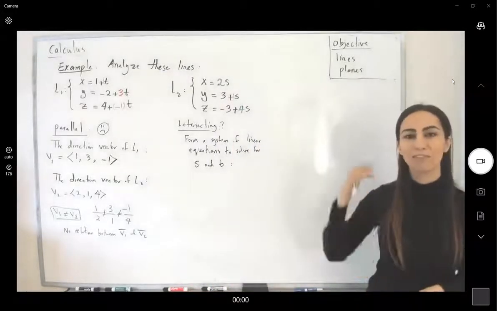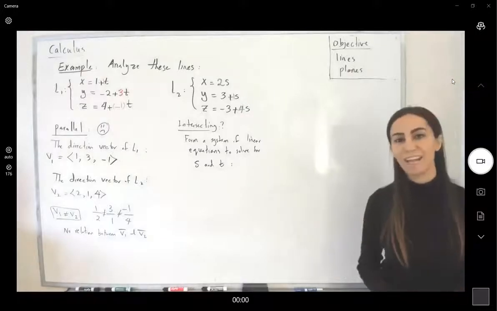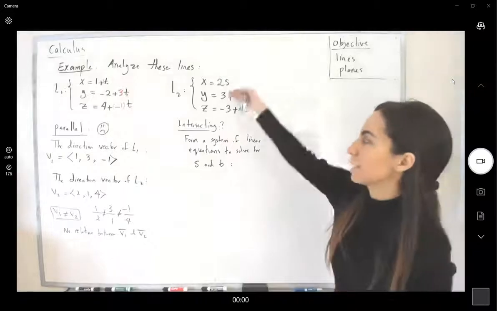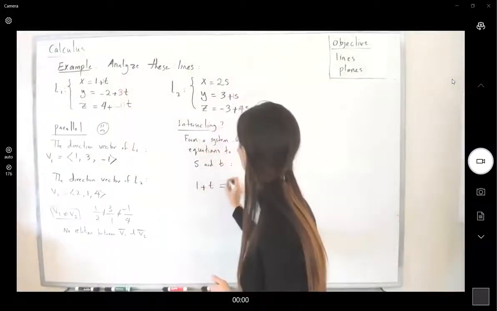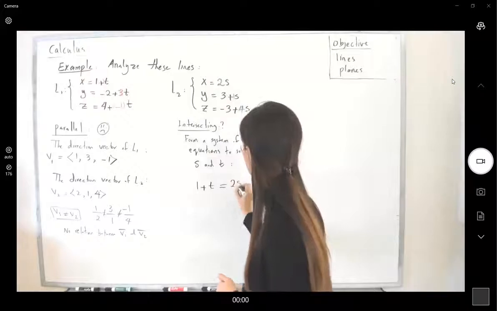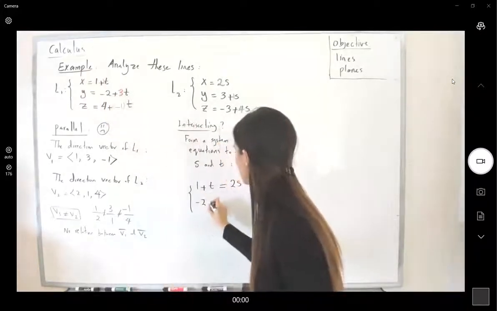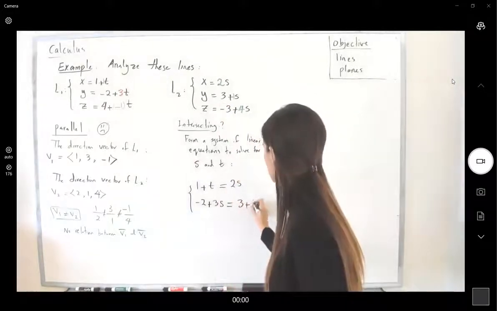As long as you have two equations, you're done with solving s, t. So for simplicity, let us take x and y. 1 plus t is equal to 2s. -2 plus 3t is equal to 3 plus s.